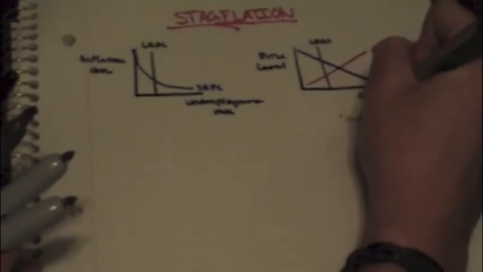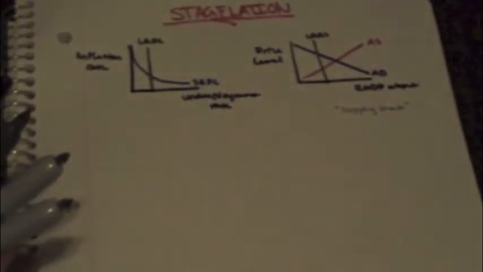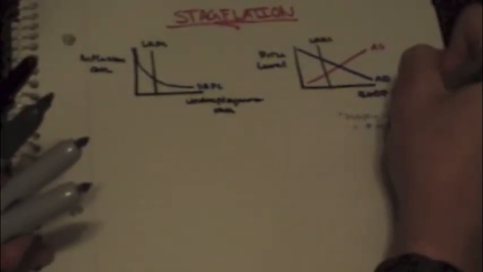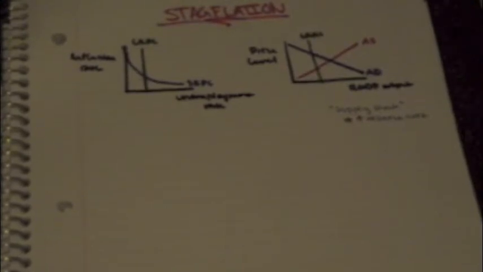Now I'm going to talk to you about stagflation. Stagflation occurs when there is a supply shock. And a supply shock occurs when there is an increase in the cost of resources, like an increase in the price of oil.